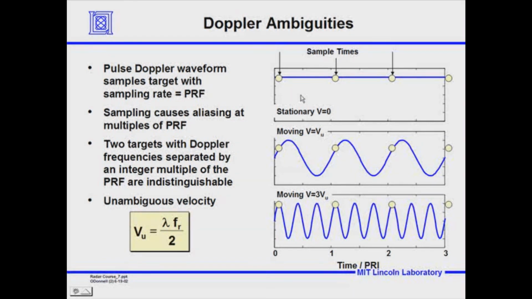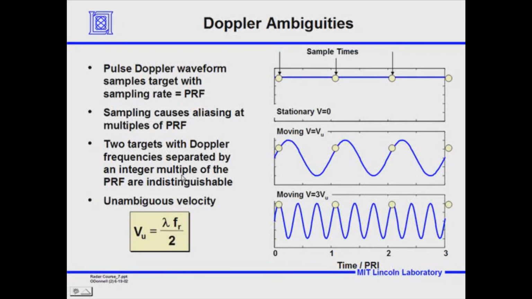What it also means is that if the target were moving, say, at half the unambiguous velocity, or 1.5 times the unambiguous velocity, or 2.5 times the unambiguous velocity, you can't tell which it is because of the fold over, the aliasing. So 2 targets with Doppler velocities separated by an integer multiple of the PRF are indistinguishable.